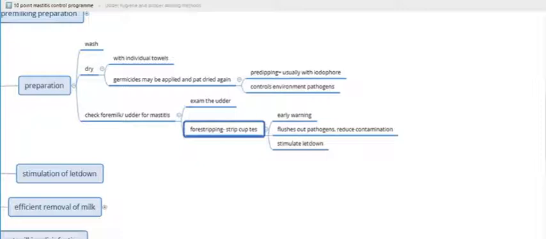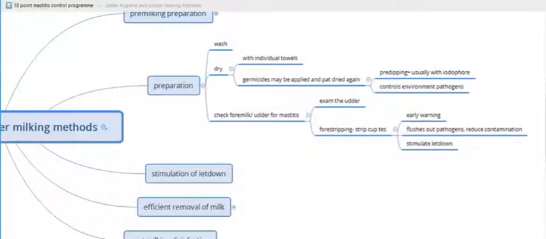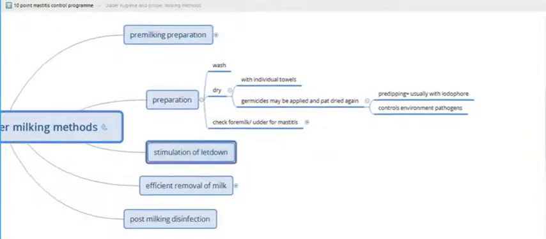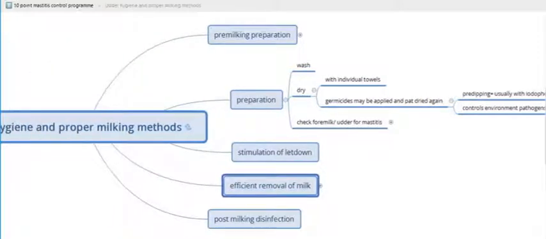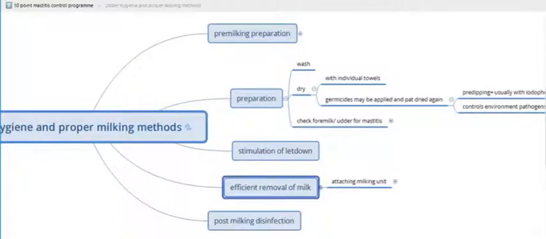So once you do this checking of fore milk, milk let down is stimulated, and then you have to go for a very efficient removal of milk, because retention of milk in the udder is one important factor that causes mastitis. So the milk removal mechanism, be it hand milking or machine milking, has to be as efficient as possible.